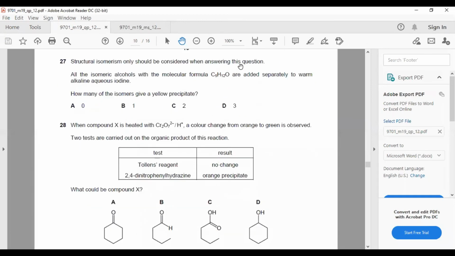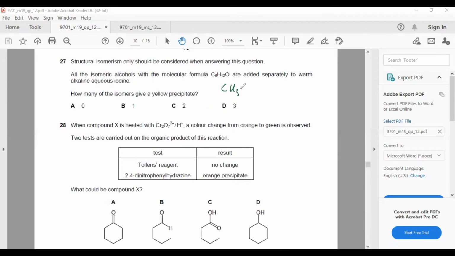27. Alkaline iodine, only structural isomers. All the isomeric alcohols with the molecular formula C5H12O are added separately to alkaline iodine. How many isomers give a positive result? Okay, let's see. If OH is on the first carbon, there is no alkaline iodine test.